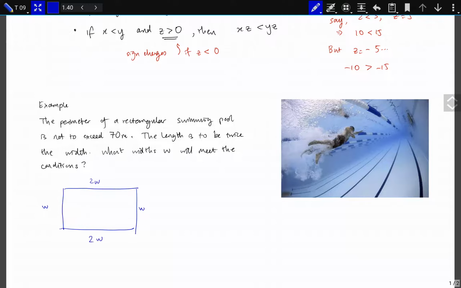So let P be the perimeter, then P is equal to, well, it's 1, 2, 3, 4, 5, 6 W total. And the requirement is that it must not exceed 70 meters. So P is less or equal to 70 meters, let's say by star.